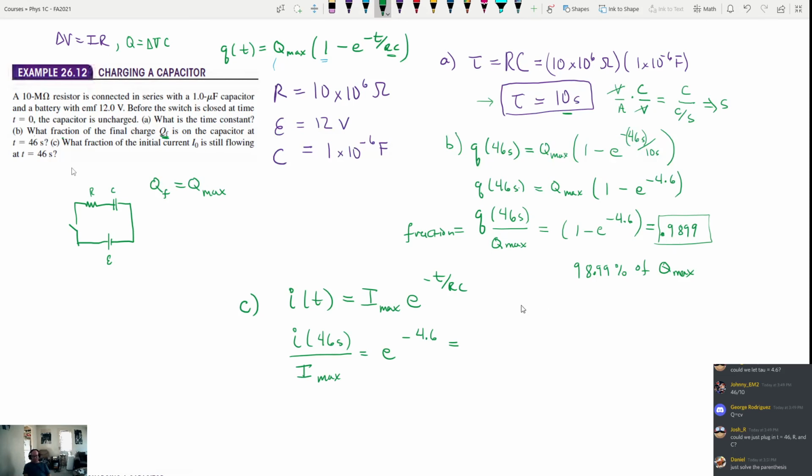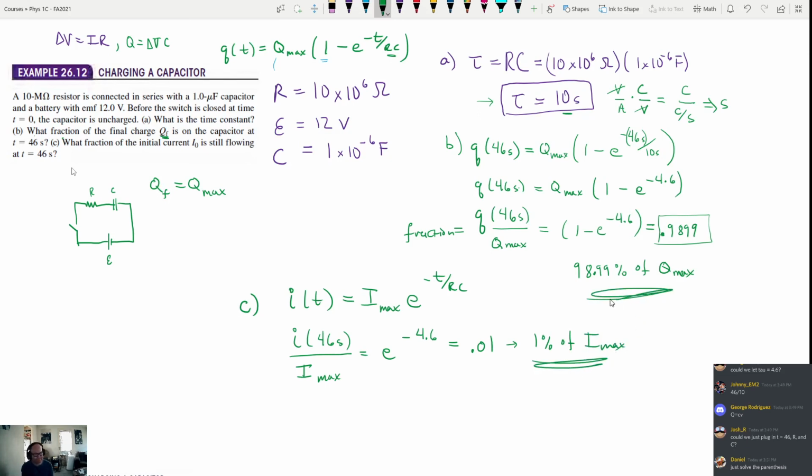So it's going to be like 0.0 something. So let's see what we get. Minus 1 times negative 1. So this is going to be 0.01, which is 1% of Imax.